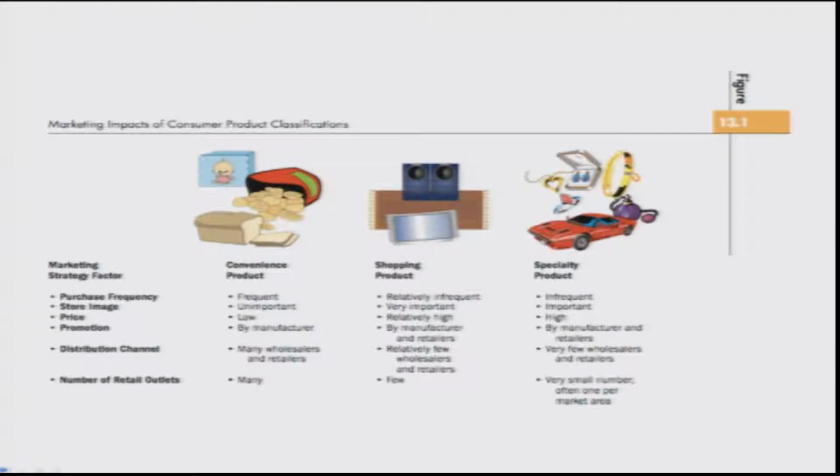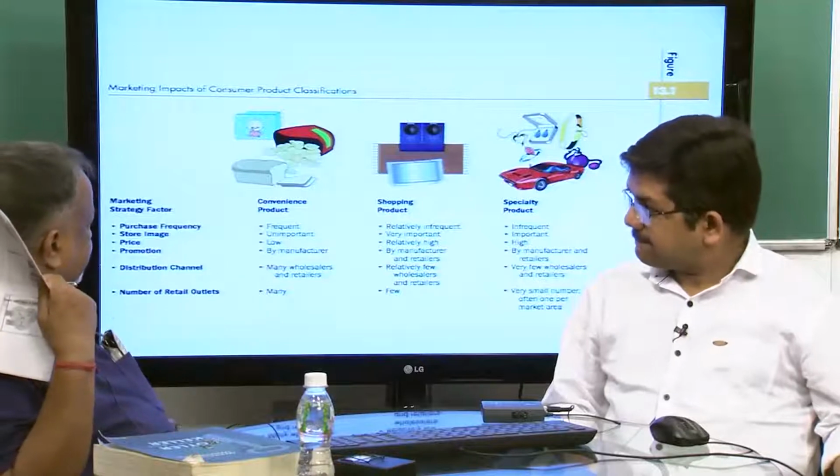On the left hand side, we have purchase frequency, the value or the price per unit of purchase, the distribution channel, as well as the number of retail outlets that are needed.